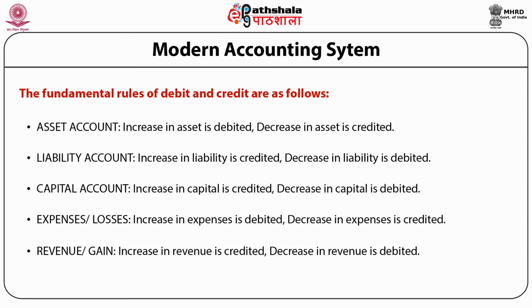Decrease in asset is credited, therefore cash account will be credited. By doing so, the capital of the business will be affected. It will decrease by rupees 30,000 and therefore will be debited. So we'll make following entry: capital account debit rupees 30,000 to cash account rupees 30,000.